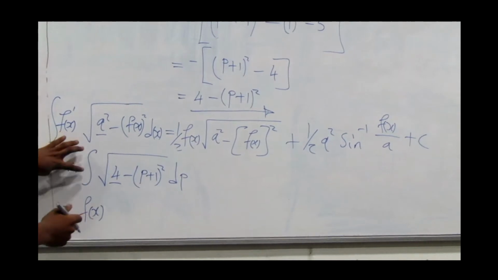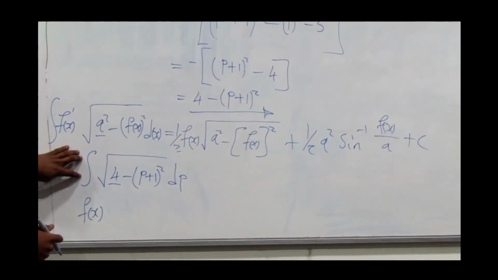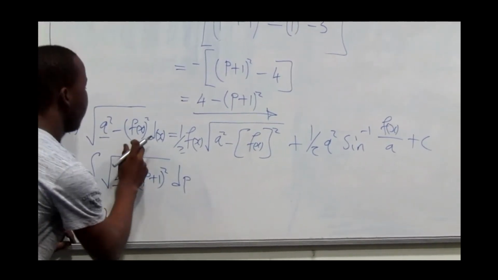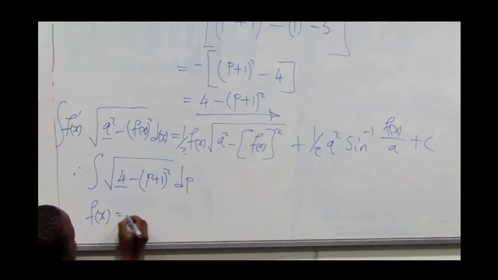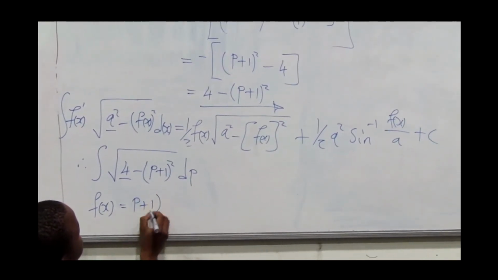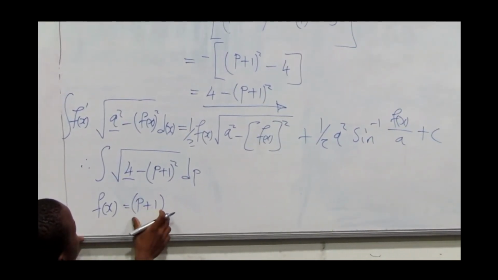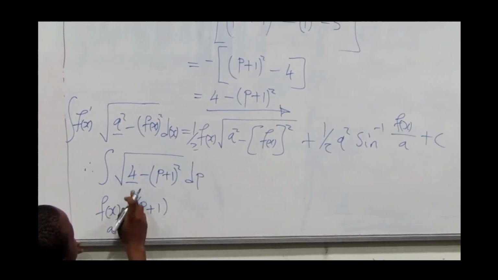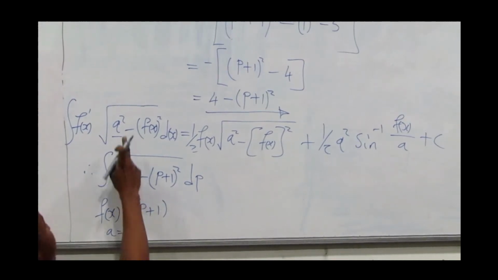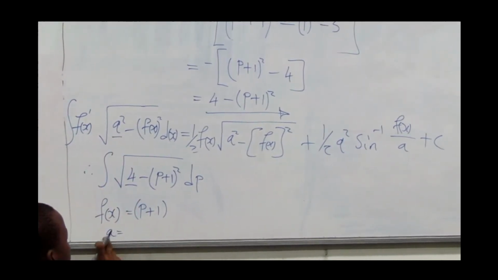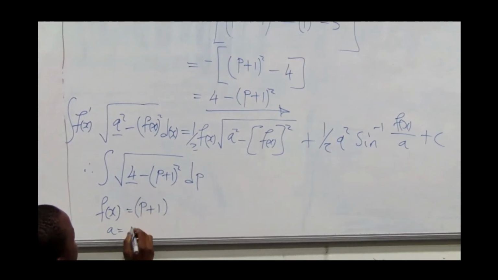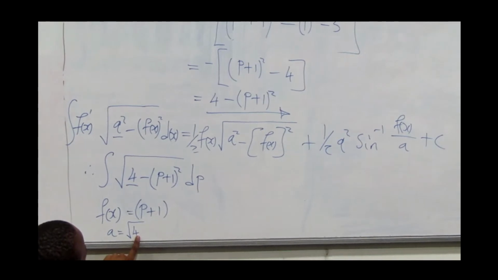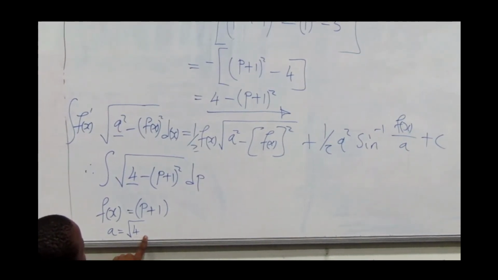So relating our equation to the general formula, our f of x is p plus 1. Then our a: here we have 4 and in the formula we have a squared, and we want a, so a has to be the root of 4.